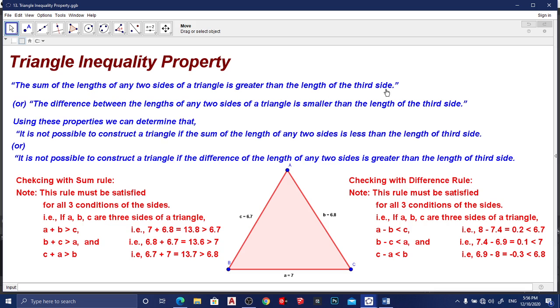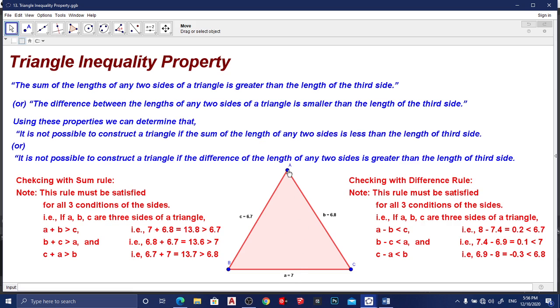To check this property by using this triangle, if you observe here, this is triangle ABC. In any triangle, the sides can be indicated by a small letter.